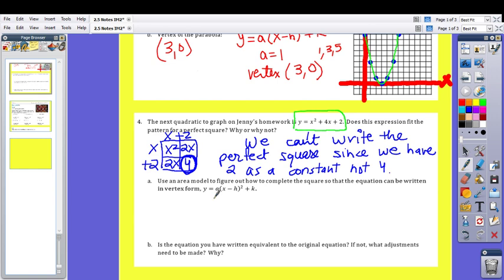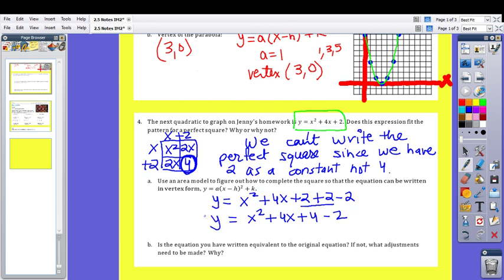So if we write down y equals x squared plus 4x, you already have 2 and you need 4. If you add 2 more, that will make it 4. But you cannot just add 2, you have to take away 2 so that you are not changing the equation altogether. So it will become x squared plus 4x plus 4, take away 2.